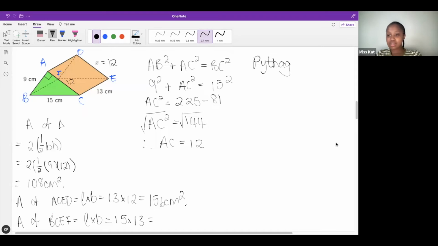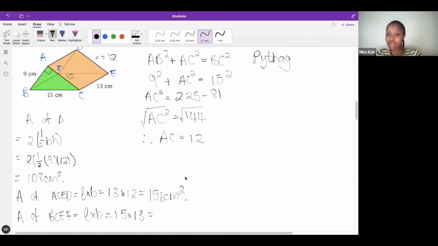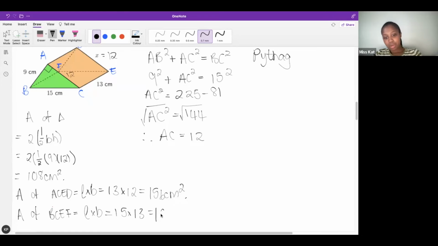And how much is that? Lost from where, Dumelo? Please raise your hand and tell me where I lost you. Then I can go back there. 195 centimeters squared. Dumelo, please press raise hand. And then I can help you. Reactions and then raise hand.